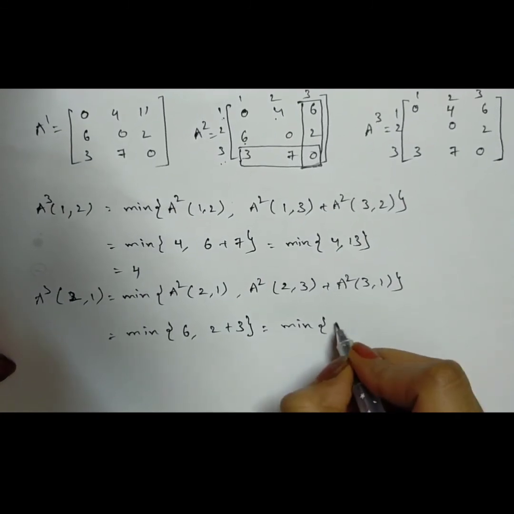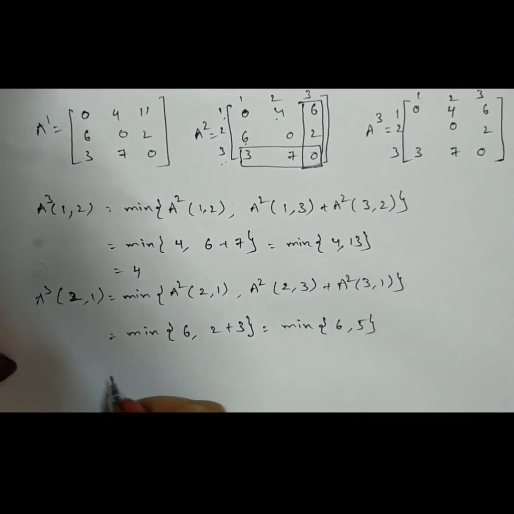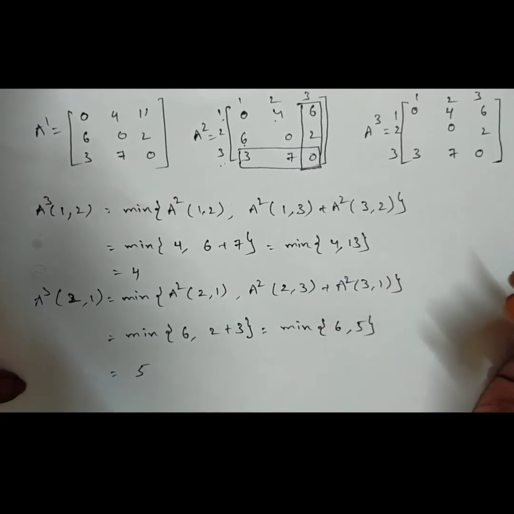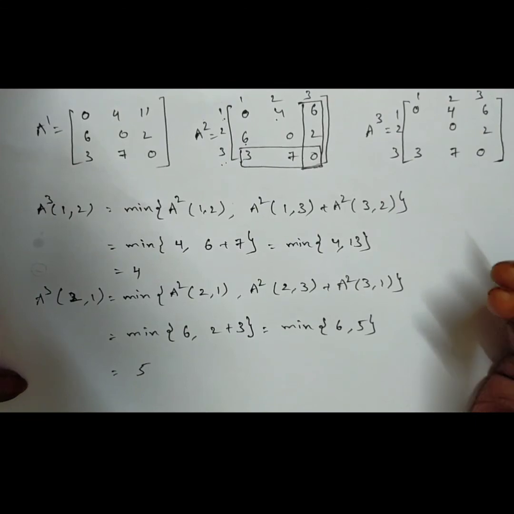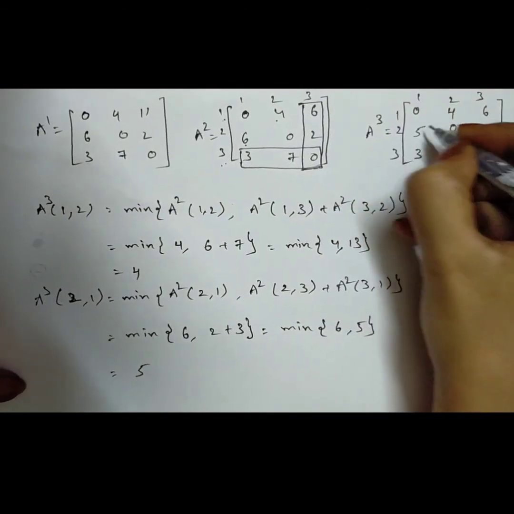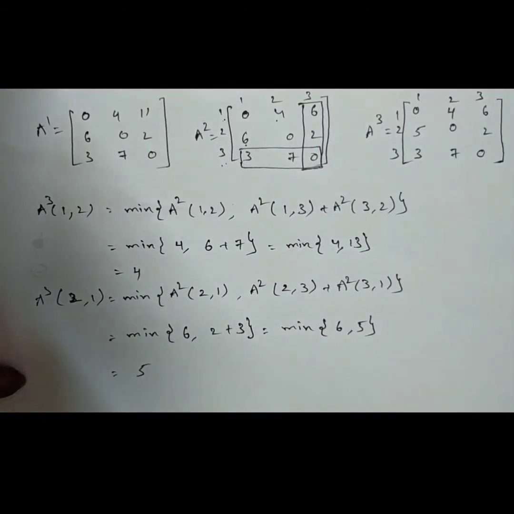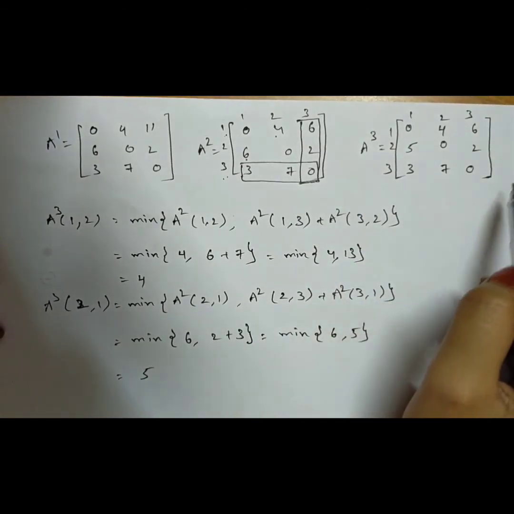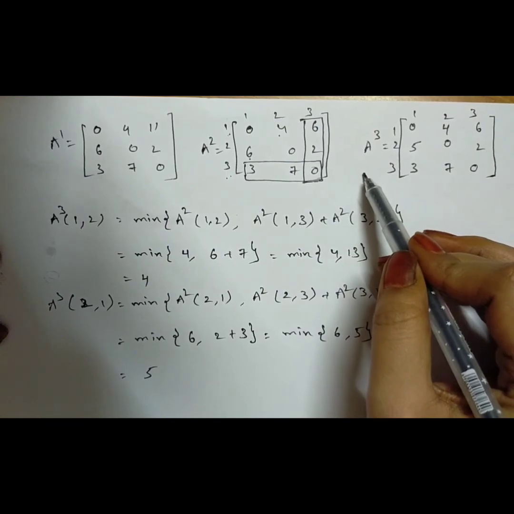Minimum of 6, 5, so the shortest value is 5, so we will consider a3 of (2, 1) as 5. Okay, these are the shortest distances for the vertices of the given problem.